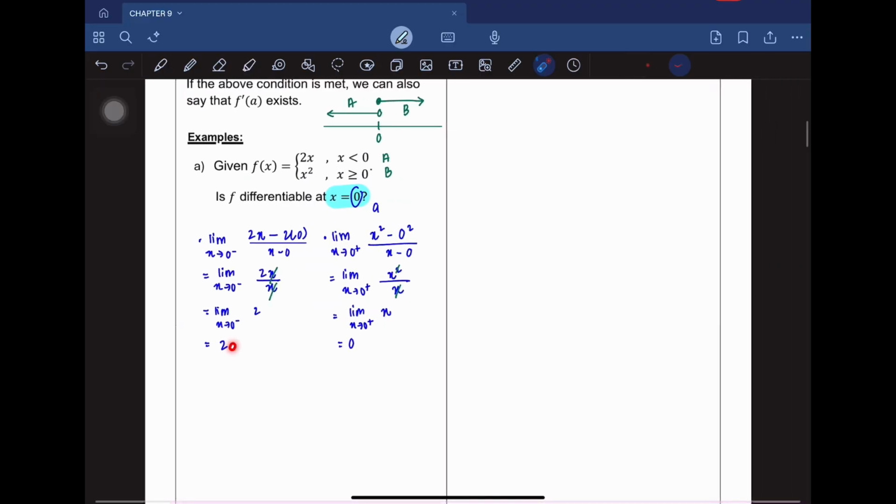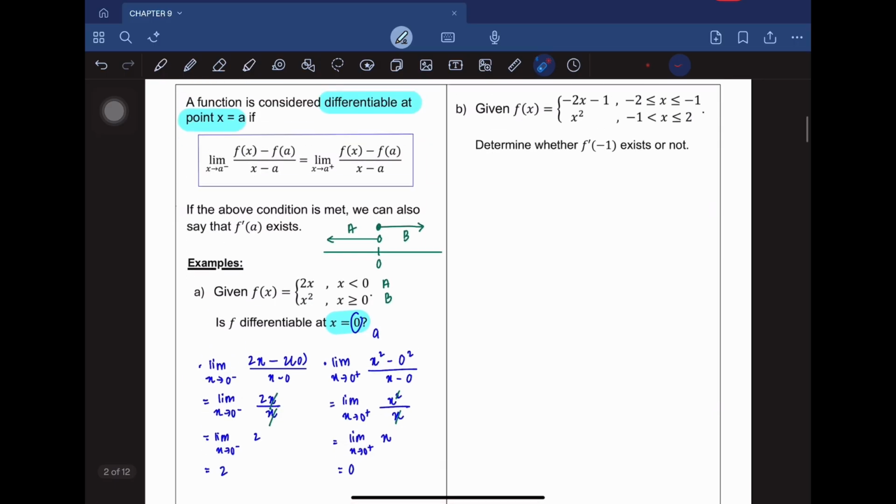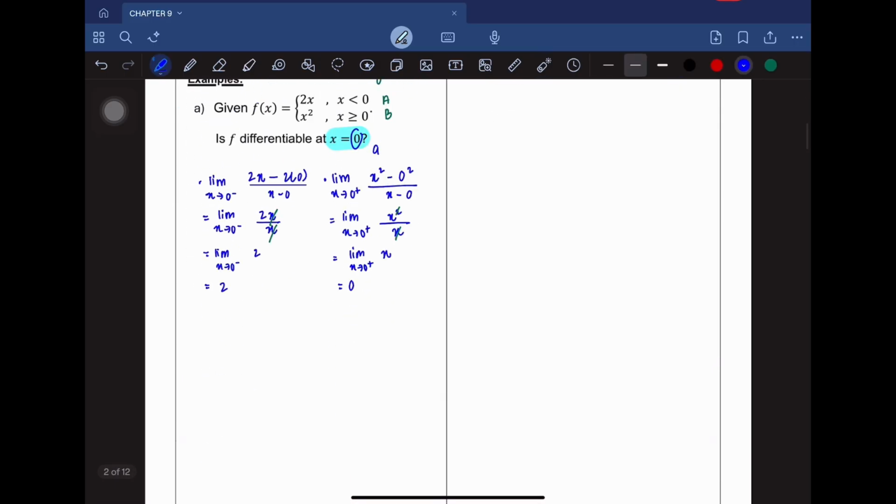Okay, so now you can see that the value is not the same from left and from right. So you can conclude lah. So boleh buat conclusion dekat situ. So since limit x approaching 0 from left of fx minus f0 over x minus 0 is not equal to limit when x approaching 0 from right, so the function is not differentiable.